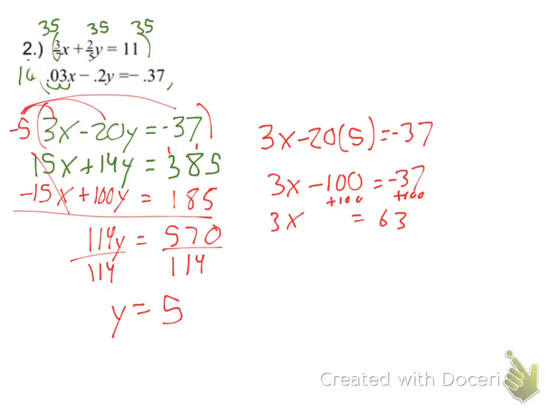Yep. And I can divide that by 3. No problem. 21. Now, guys, we're talking about solving a system of x and y. We should probably write it as an ordered pair. So what would the ordered pair be? 21, 5. Right.